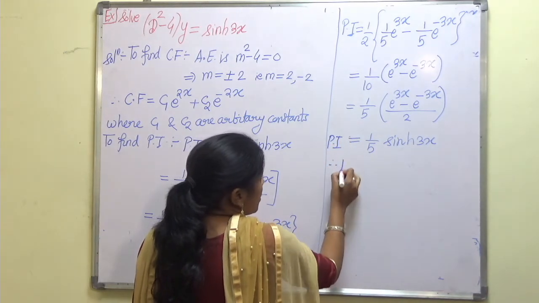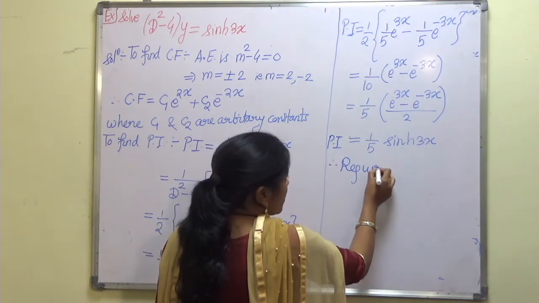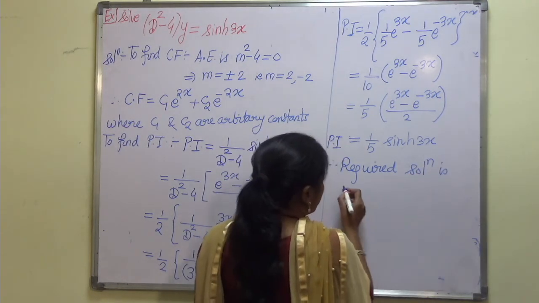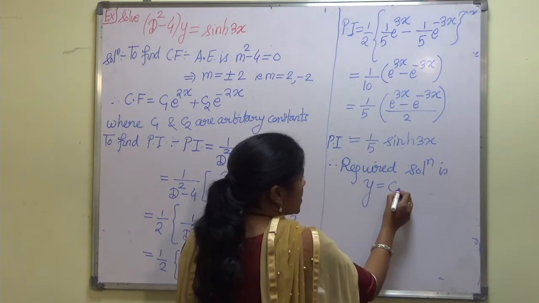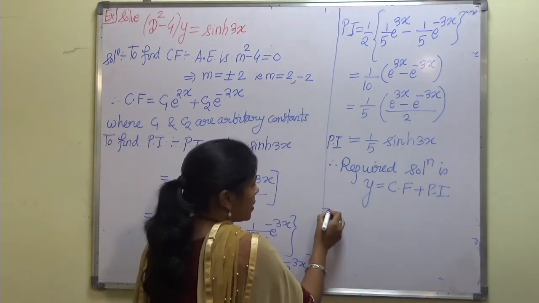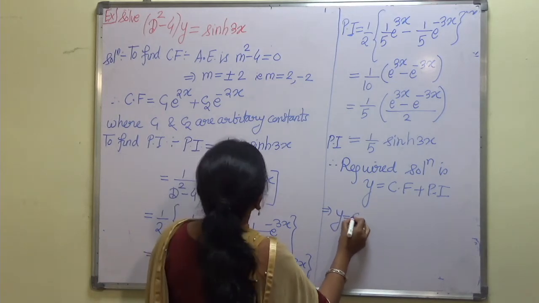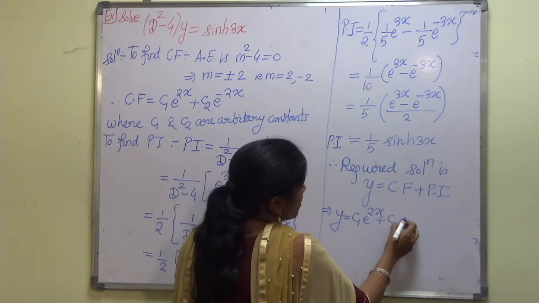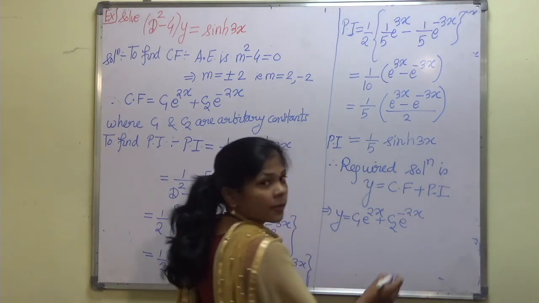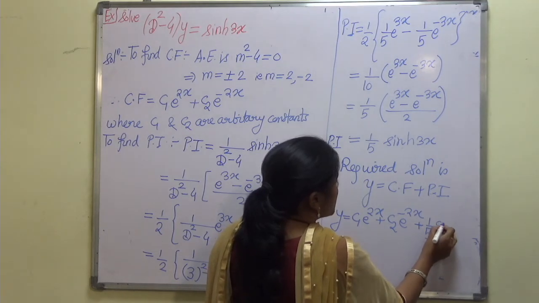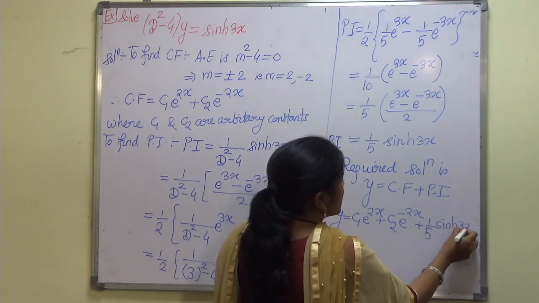So therefore, the required solution we will write. The required solution is y is equal to complementary function plus particular integral, that is y is equal to c1 e raised to 2x plus c2 e raised to power minus 2x plus 1 by 5 times sinh 3x.